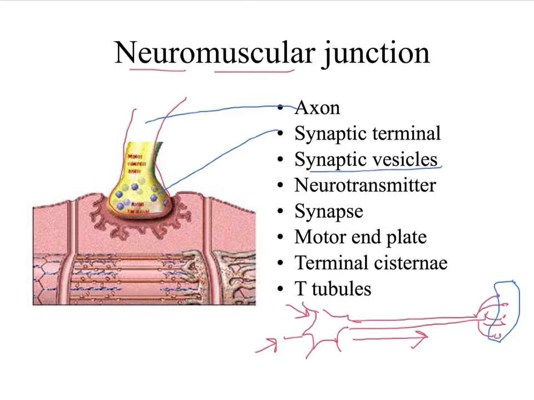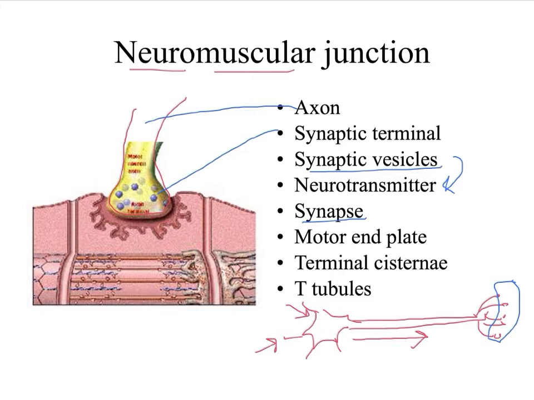Synaptic vesicles contain a chemical referred to as a neurotransmitter because it's transmitting information. An area where two cells meet to communicate is referred to as a synapse. We'll talk about synapses a whole lot more in chapter 12. A nerve cell can meet a muscle cell, or a gland cell, or another nerve cell. Where they meet is called a synapse.